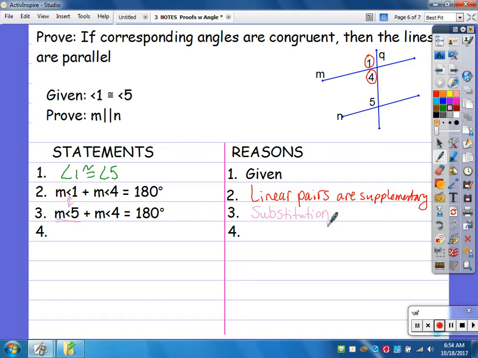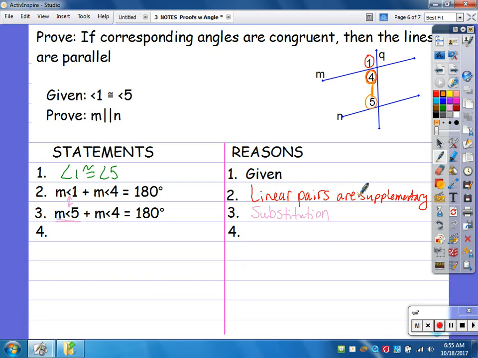All right, and now if I look at the type of angle pair that angle 5 and angle 4 are, so angle 5 and angle 4, if I look at those together, those are same side interior angles. Now, the reason that for statement 3 I couldn't just say that the reason was that same side interior angles are supplementary is because I only know that same side interior angles are supplementary if I already know that the lines are parallel.